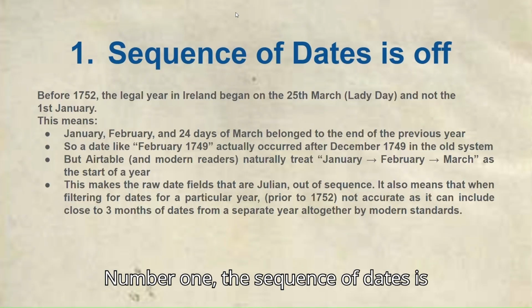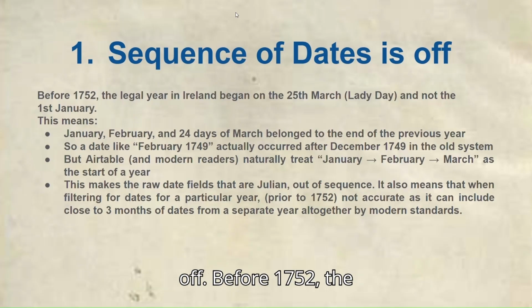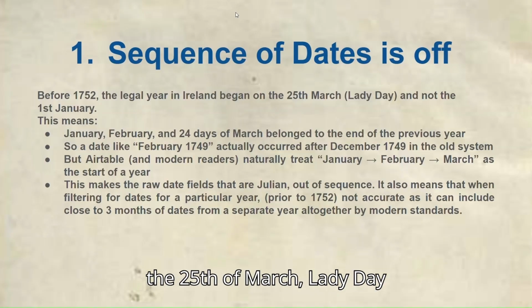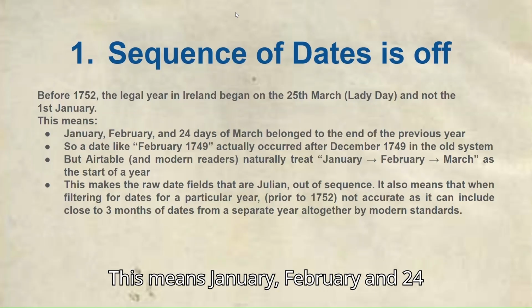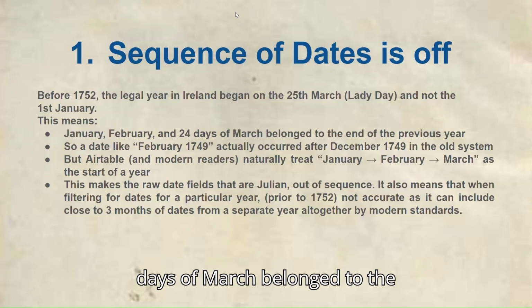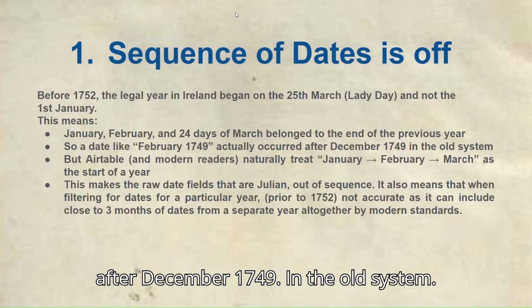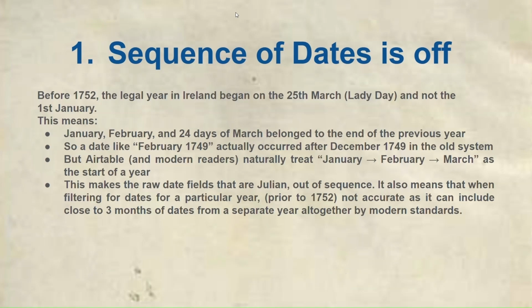Number 1. The sequence of dates is off. Before 1752, the legal year in Ireland began on the 25th of March, Lady Day, and not the 1st of January. This means January, February and 24 days of March belong to the end of the previous year. So a date like February 1749 actually occurred after December 1749 in the old system.